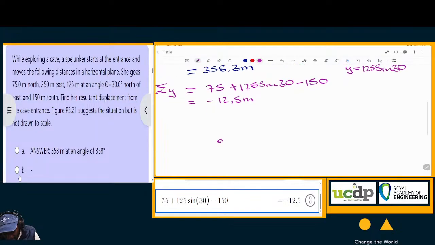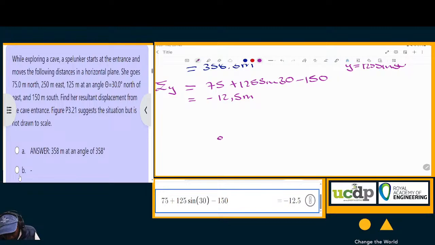Your x is positive, which is 358 meters, and your y is negative, which is negative 12.5 meters.